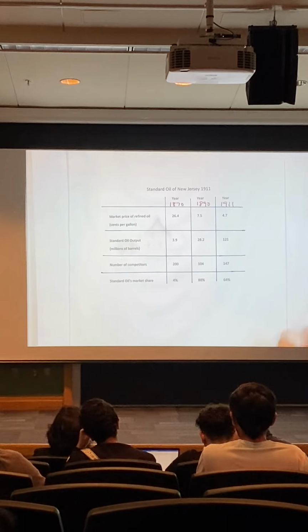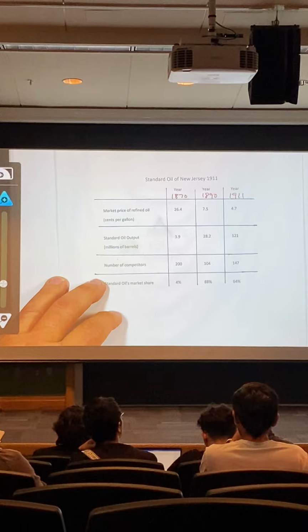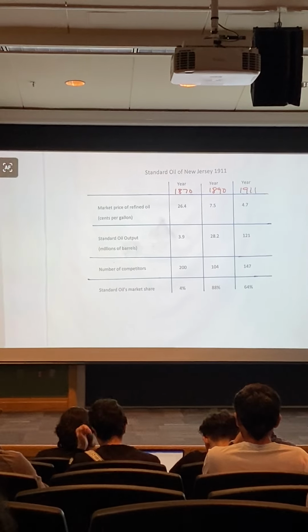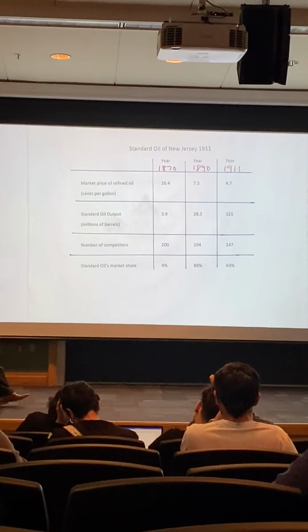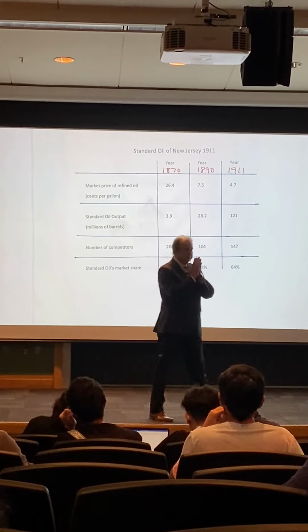Where I left you in the last lecture, we were talking about the most famous case in American history that dealt with antitrust: the Standard Oil of New Jersey case against John D. Rockefeller. And this was the data from the case.